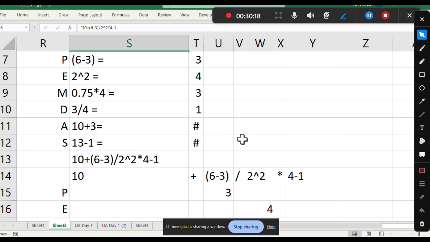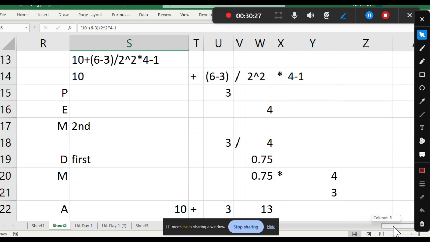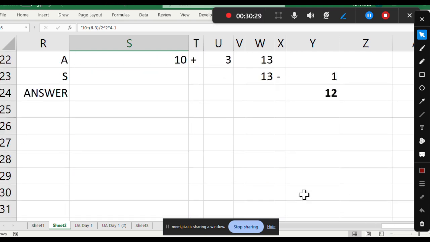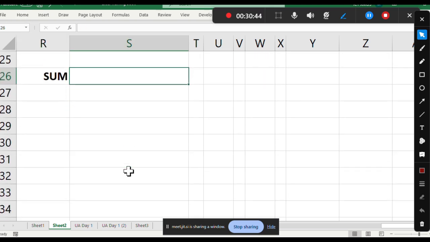Let's quickly start. We have about 2 minutes to look at one of the functions that we have in Excel. The function name is SUM. Look at it. So what is sum?